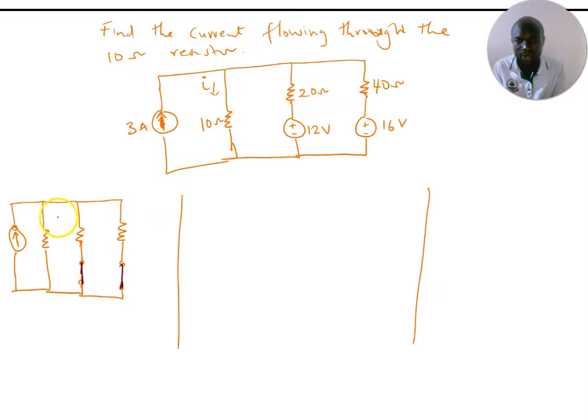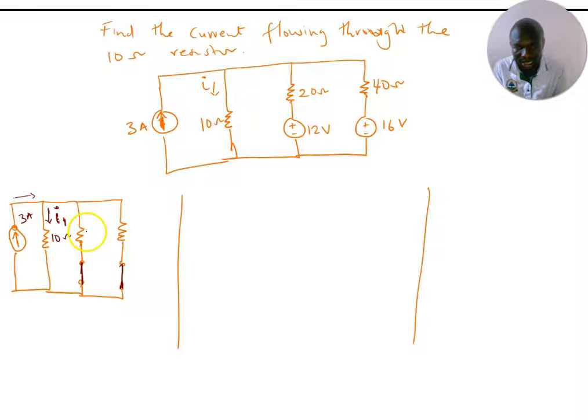So we have 3 amps here. We also have 10 ohms where we are looking for the current direction. If this current should flow, it will move downwards when it gets here. We call this one I1. So we want to find I1 in this circuit.